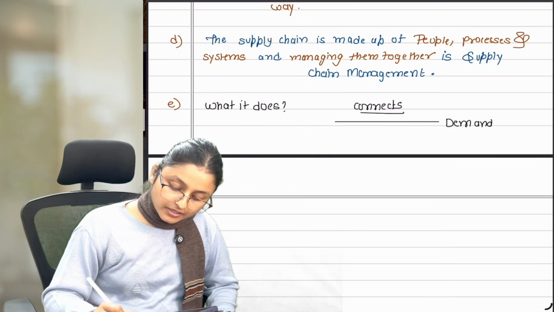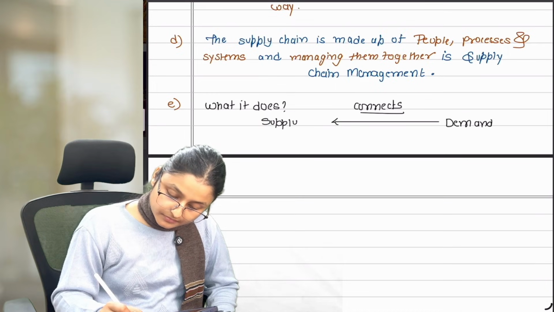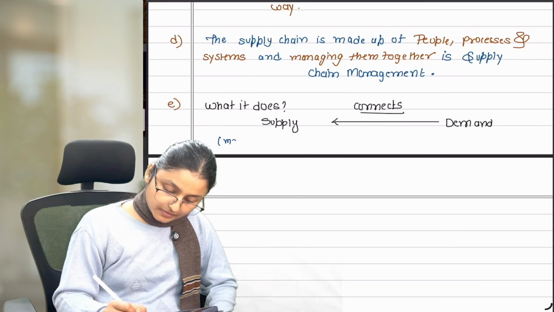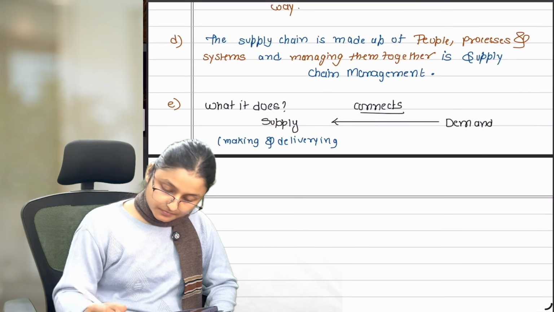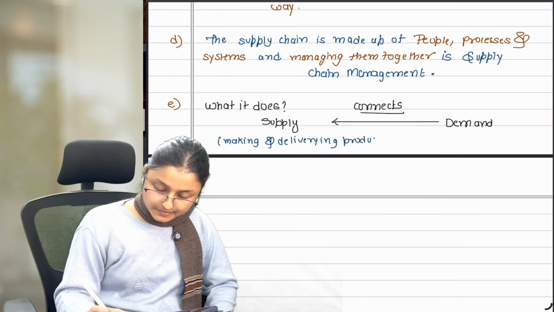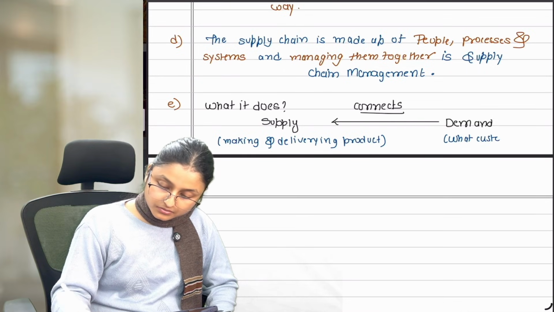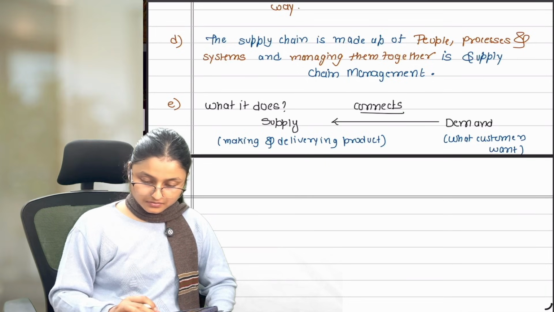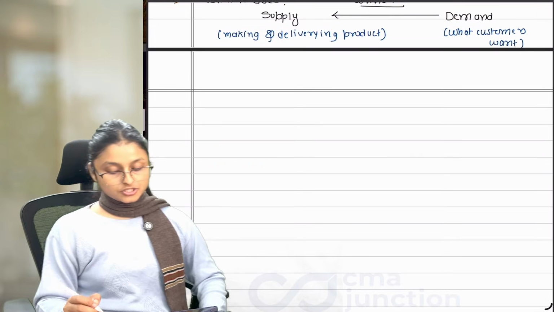We will see what customers want first and then we will make accordingly to fulfill the demands of the customer. Making and delivering product, and demand means what customers want.